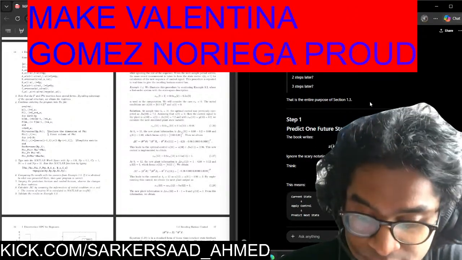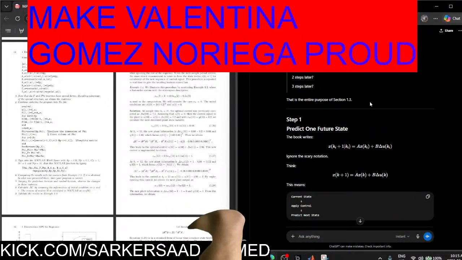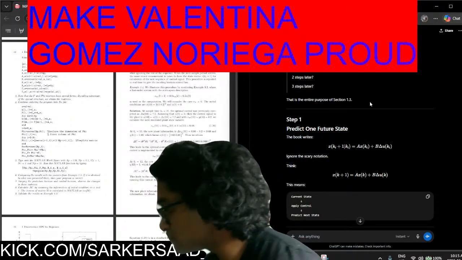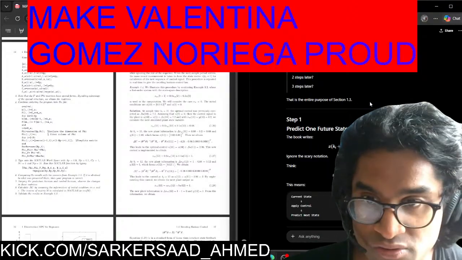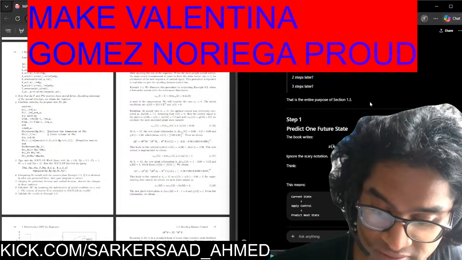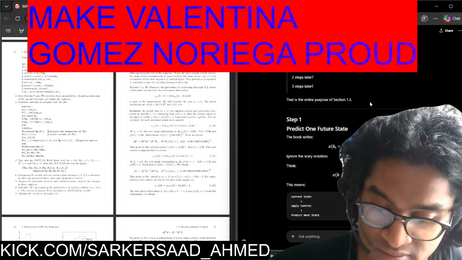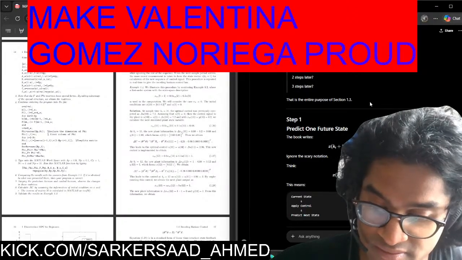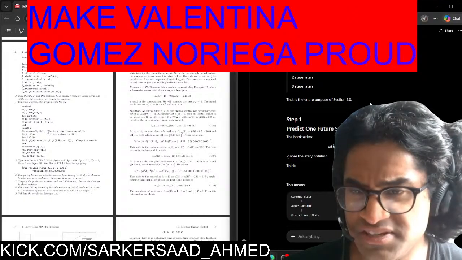Which is equivalent to A x of k_i plus B delta u of k_i, because A is the state space matrix, x is the state space vector, and this is the steering, right?